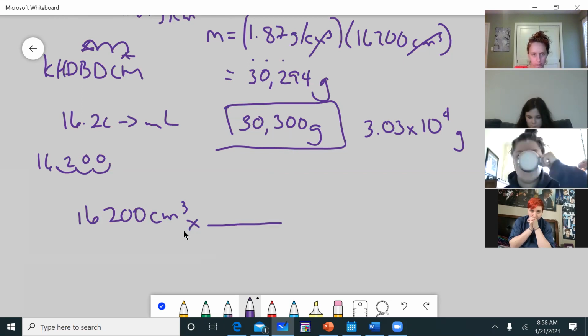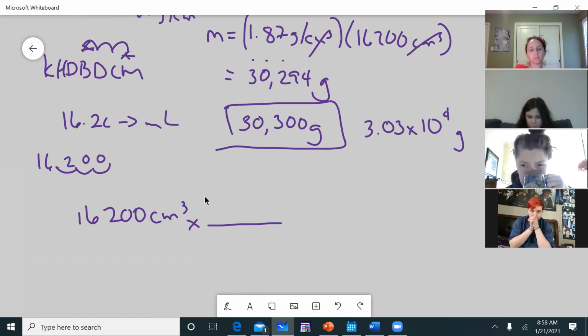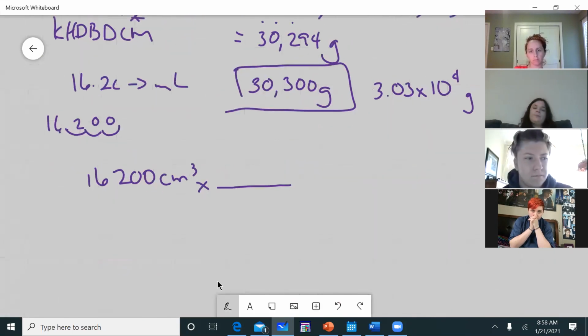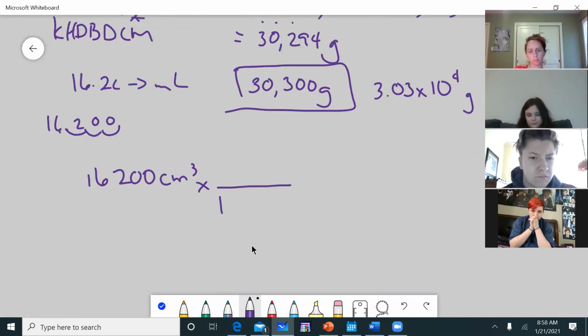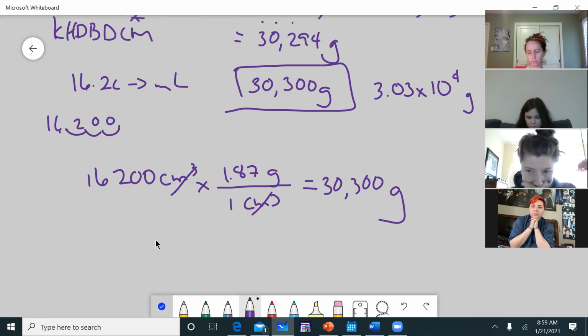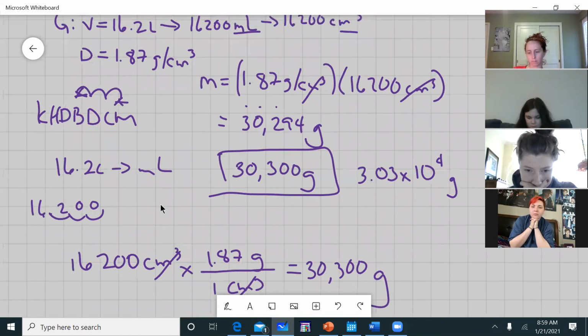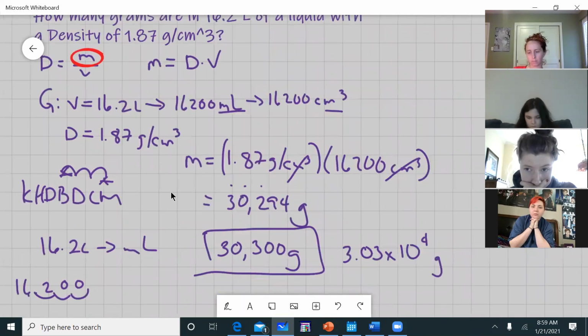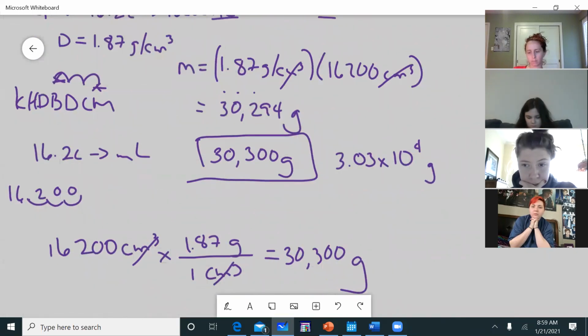I use my density, 1.87 grams for every 1 centimeter cubed. Those will cancel and we'll be left with just grams. And this number will be the same, 30,300. We're doing the same thing, multiplying the two values. I don't care how you solve it. Either way, just make sure you solve it correctly. Questions on density? Not too bad.